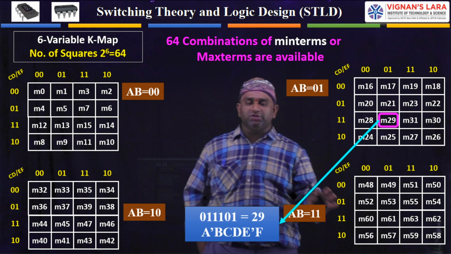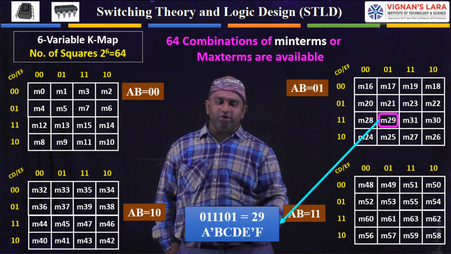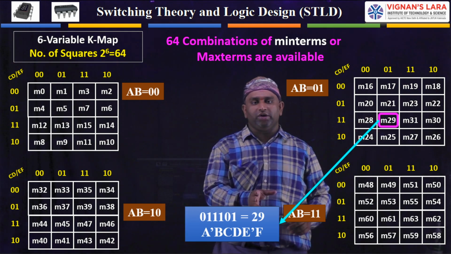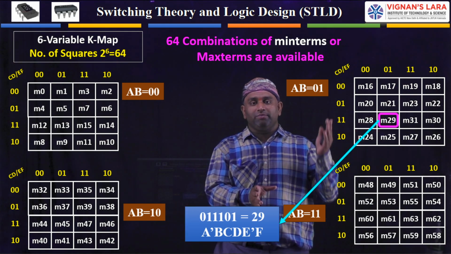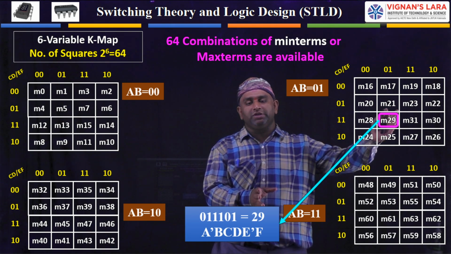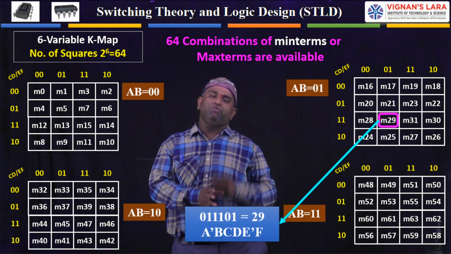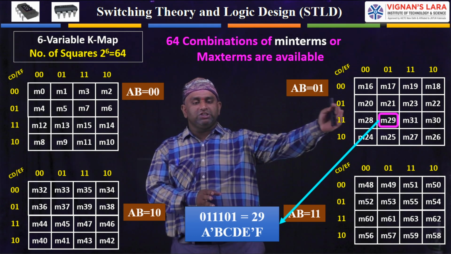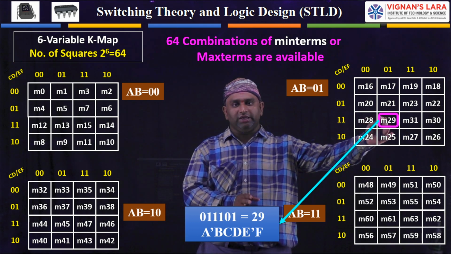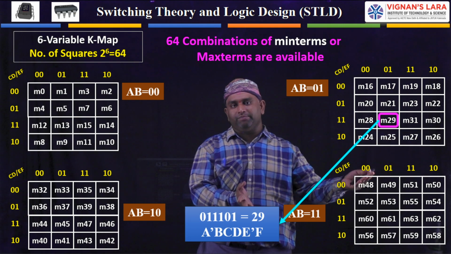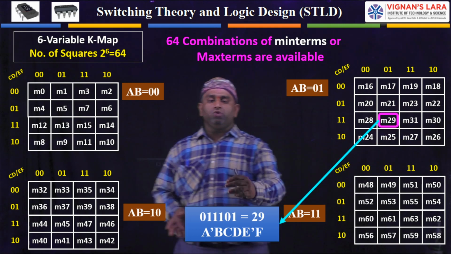Totally 29. So the decimal equivalent of this binary value, M29, is 29. Why have we represented this as M29? Because we are representing the 29th value here. The decimal value and the binary value we represented here are both the same. Next, coming to how to represent this one.